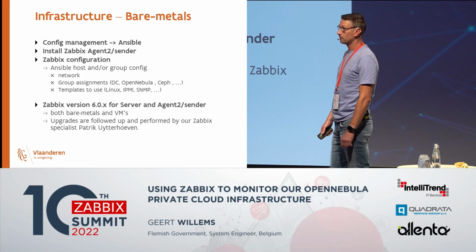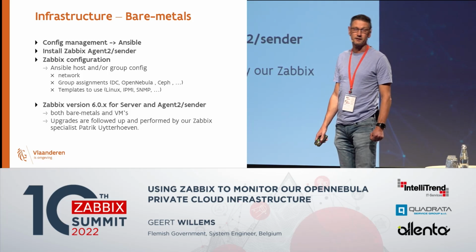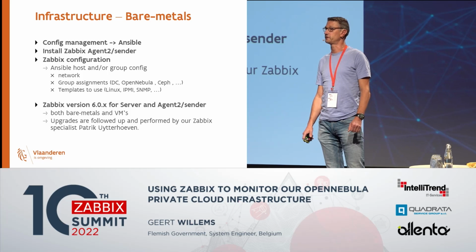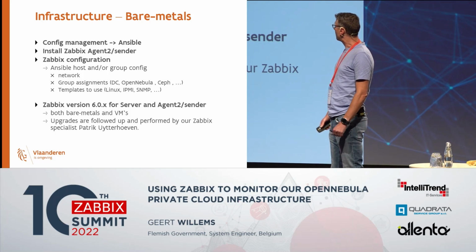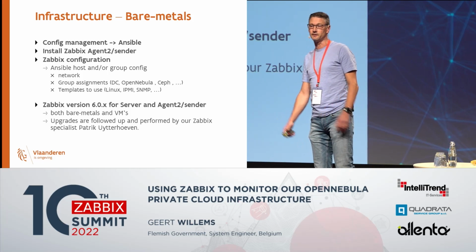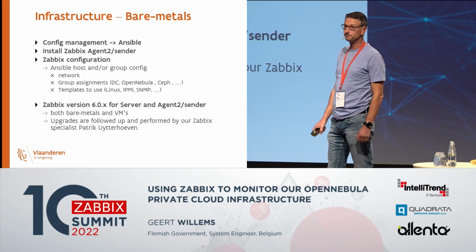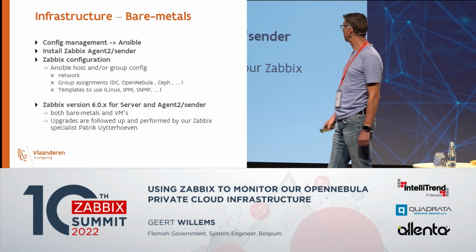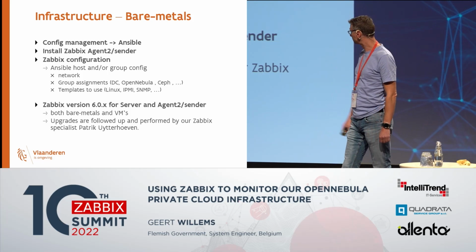For the hardware, we are doing configuration management with Ansible. One of the Ansible roles is installing the Zabbix server agent and sender. The Zabbix configuration specific to the host that needs to be registered in the Zabbix server is the configuration of the network, the groups which the system should be assigned to, and the templates to use in order to monitor the system.